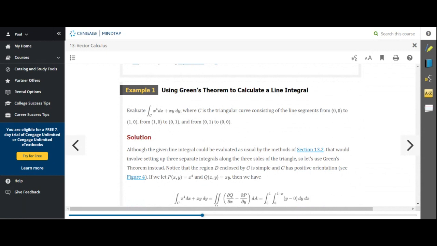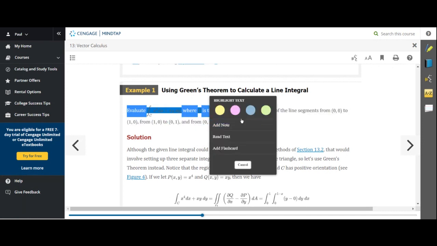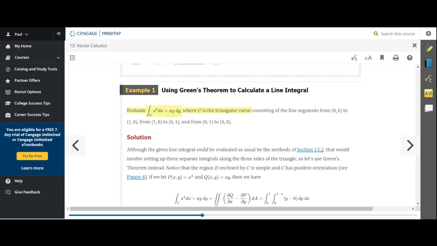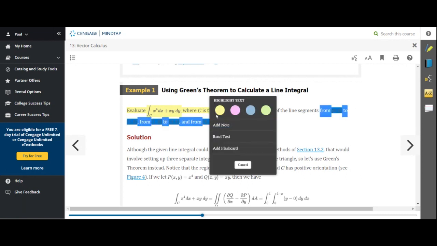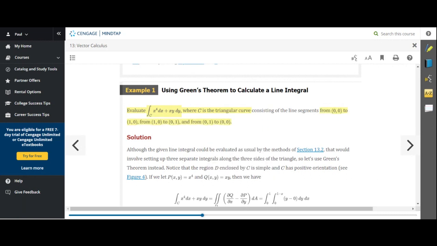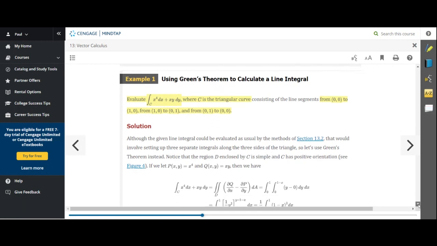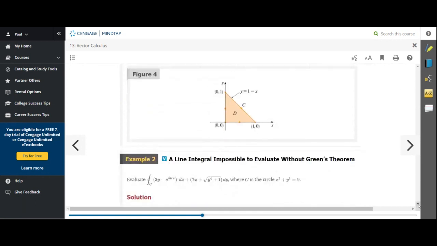Evaluate this work, where C is the triangular curve consisting of three line segments: one going from (0,0) to (1,0), from (1,0) to (0,1), and from (0,1) to (0,0). So here's a picture of this curve C.